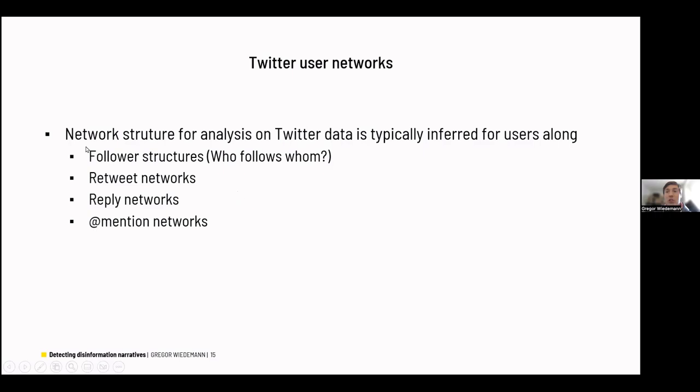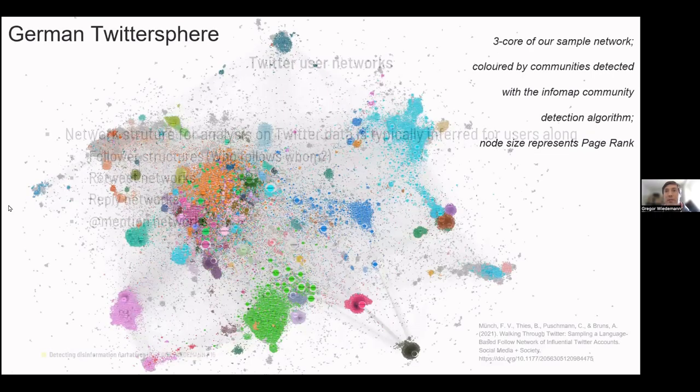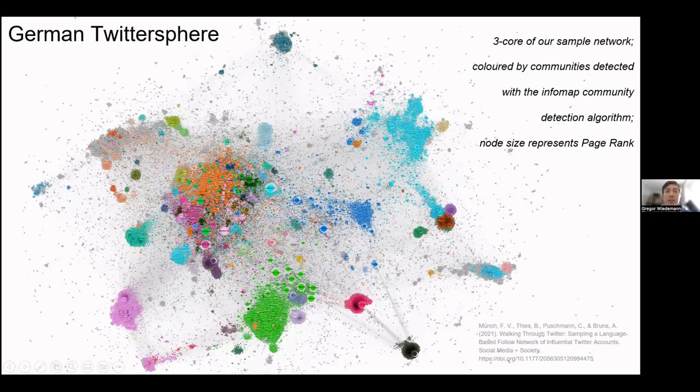So this is, for instance, a mapping of the German Twitter sphere done by a colleague of mine, Felix Münch. He observed, for the most popular accounts in Germany, several hundreds of thousands, the follower connections, and then can create a network clustering and identify certain clusters of follower structures in this network.